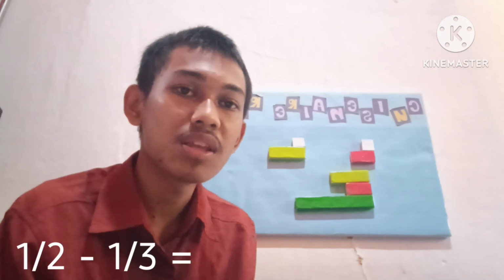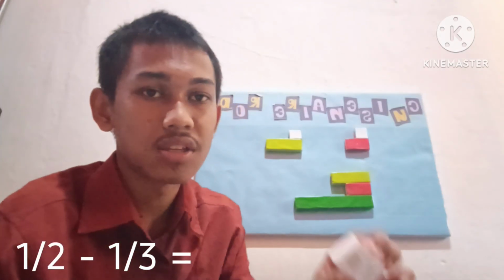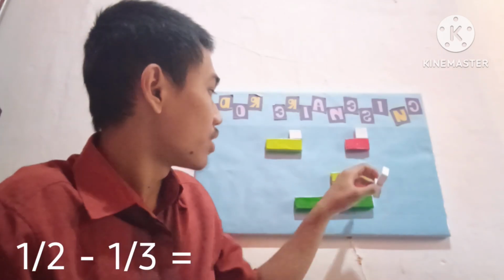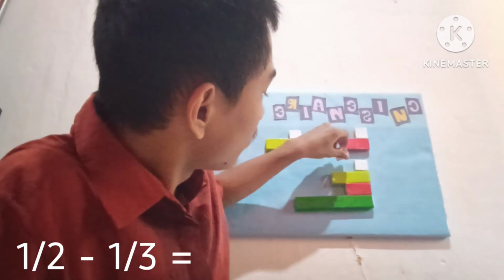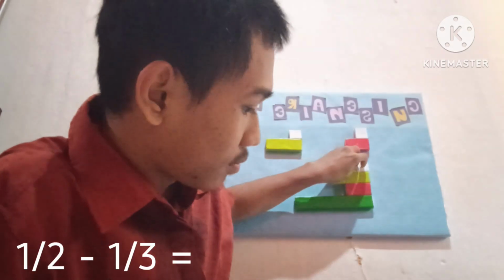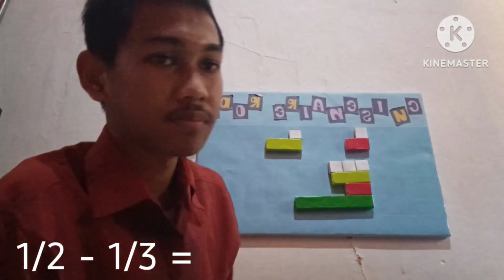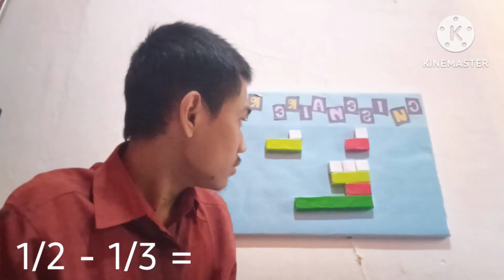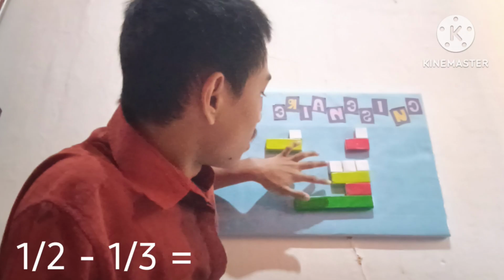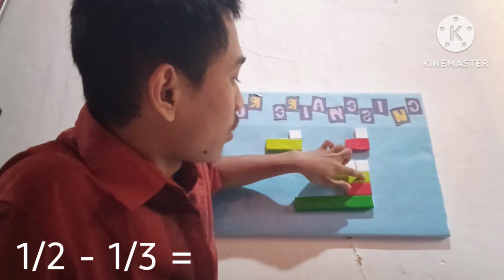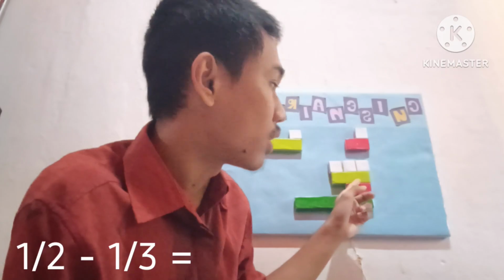Subtraction means we need to take out. To make it easier, I will use these white rods to represent the light green rods and the red rods. And you can see this is 3 and 2 if we made it in units of white rods.